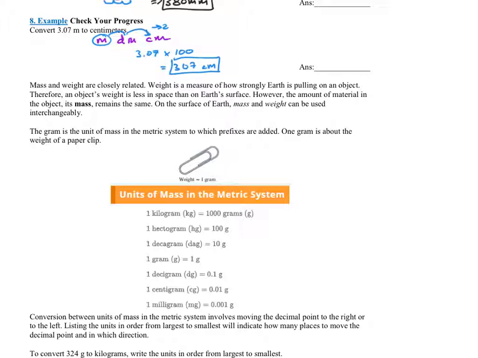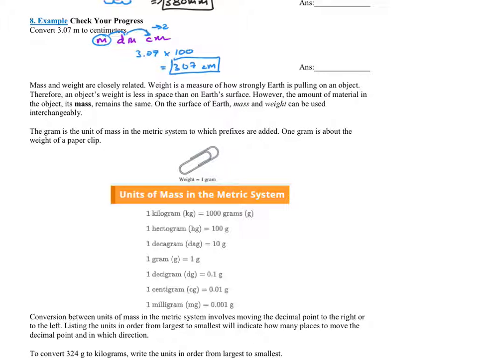So I want you to notice this as well. It says mass and weight are closely related. Weight is the measure of how strongly Earth is pulling on an object. So your weight is different on Earth than it is on the moon. It says, therefore, an object's weight is less in space than on Earth's surface because there's less gravitational pull on it.